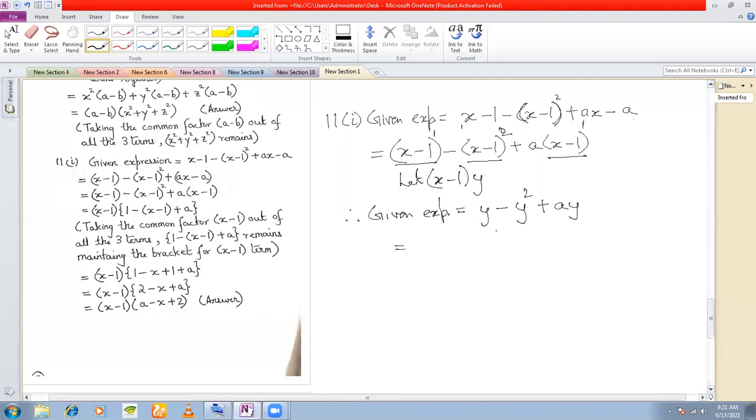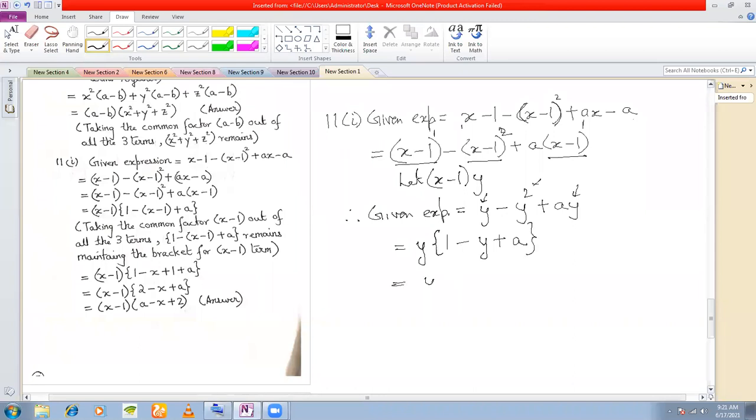So now from when you're getting this expression, if you see y is here, y square is here, and y is here. So you take out the HCF from all the three, the lowest power of y, which is y. So what are you left with if you are taking out y? From y you are taking out y, you're left with a 1 minus from y square you're taking out y. That means y square by y, you're left with a y plus, and from ay you're taking out y, so you're only left with an a, right?